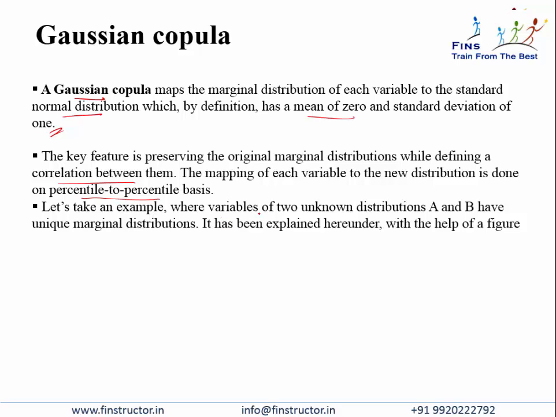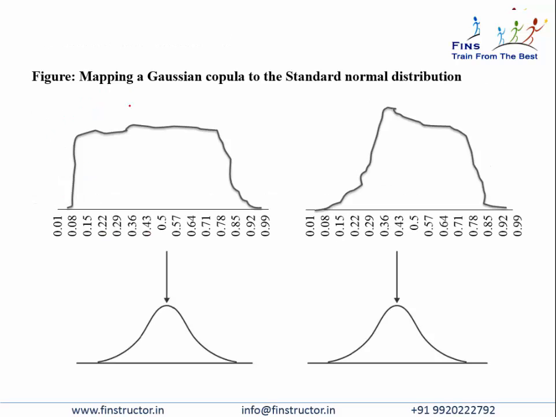So variables of two unknown distributions A and B have unique marginal distributions, and we will convert them into an approximate normal distribution first. So this was my variable A, this was variable B, both of them had independent distributions.